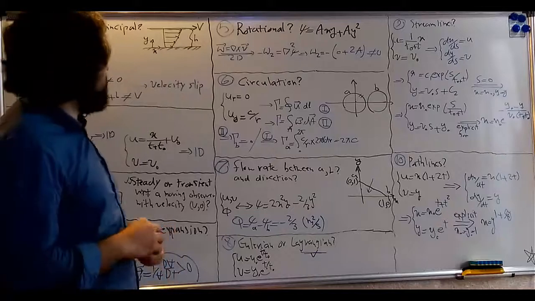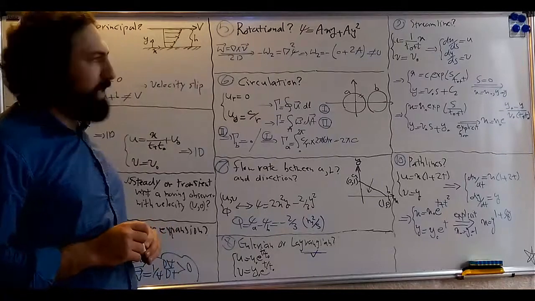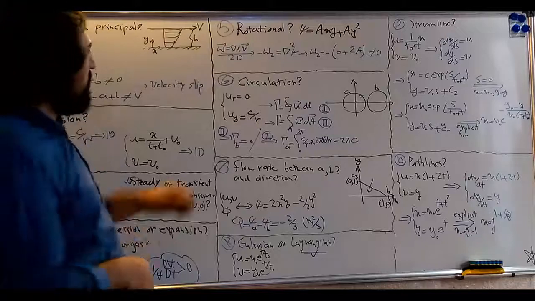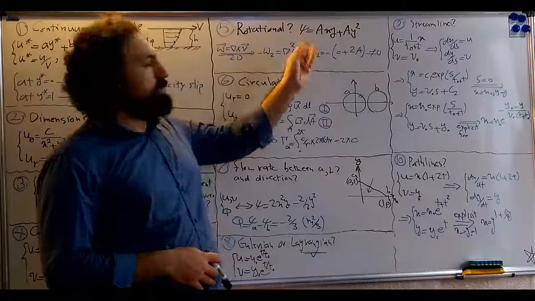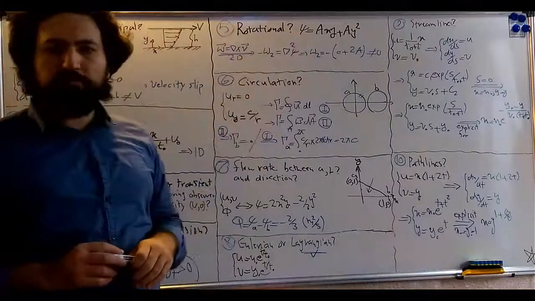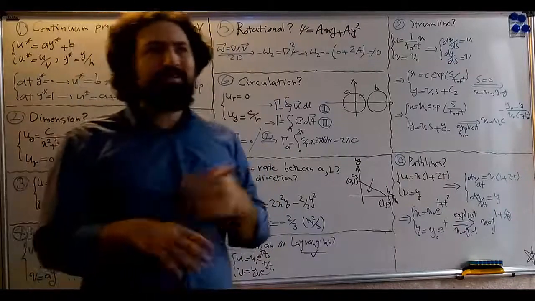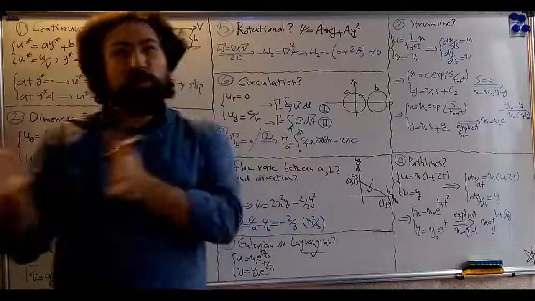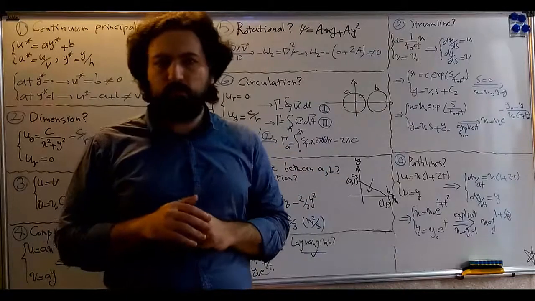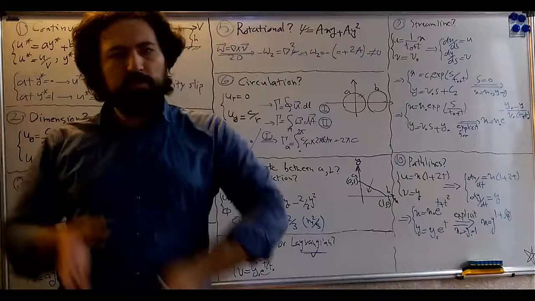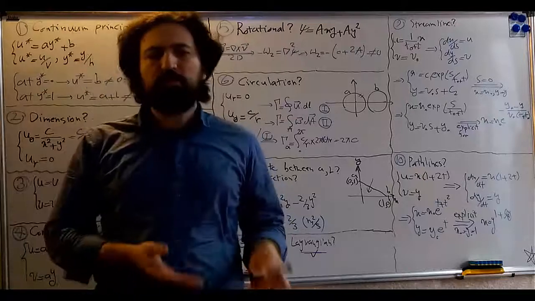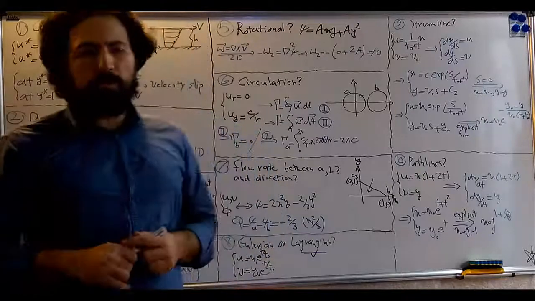The fifth question is about the rotationality or the vorticity vector. This is the stream function. You can compute the velocity components using the definition of the stream function, and then compute the curl of that velocity field to obtain vorticity. If that vector is 0, then the velocity field is irrotational.